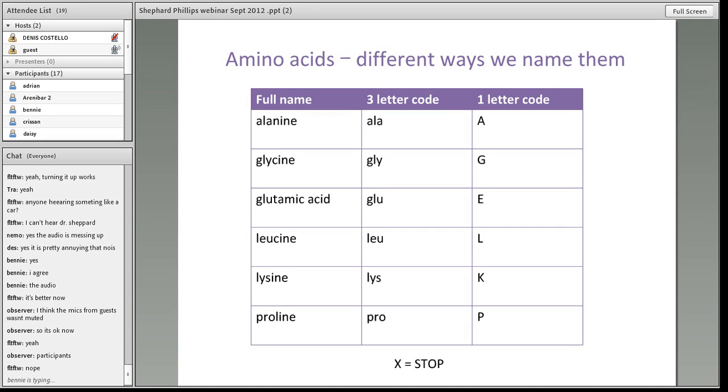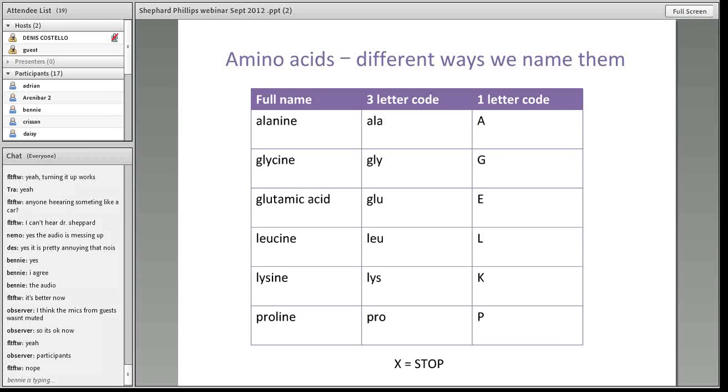Now, in the olden days, when we just started to learn about amino acids, it was fine to write out the full names. But as we started to be able to sequence proteins and determine the amino acid sequence, the order of the amino acids in a protein, it got a little bit tiresome to write out the full name the whole time.